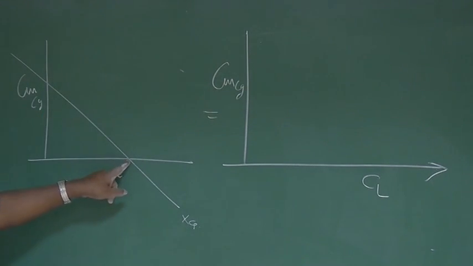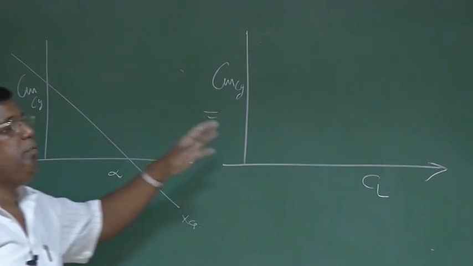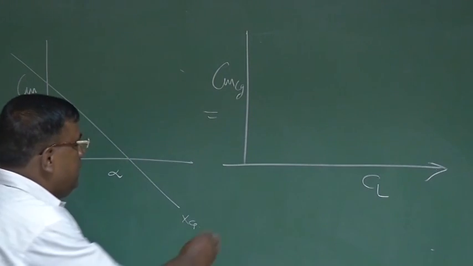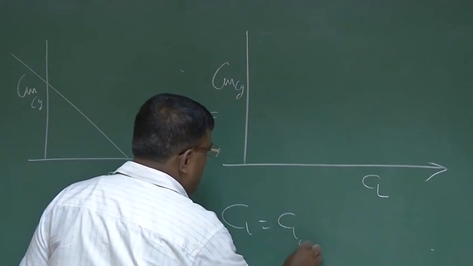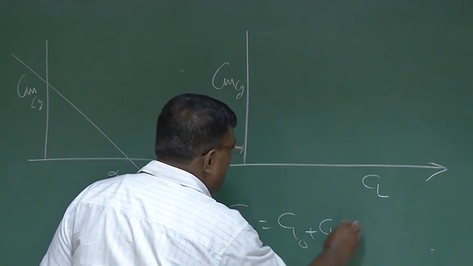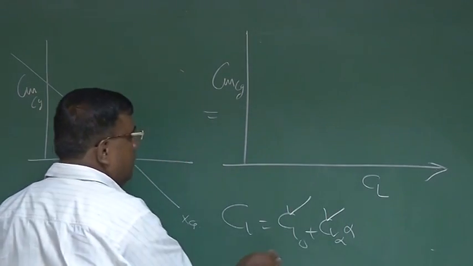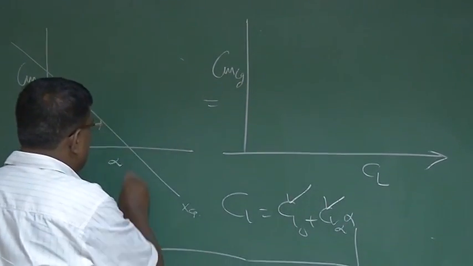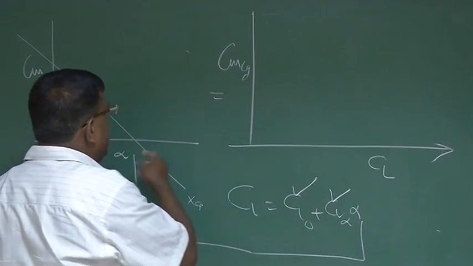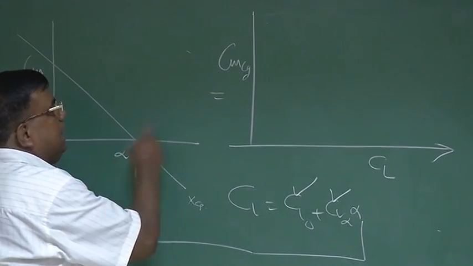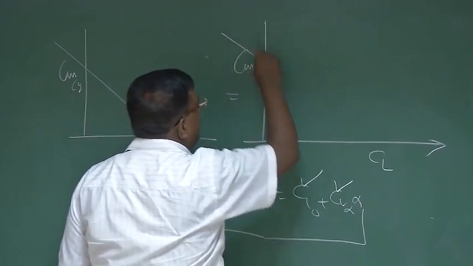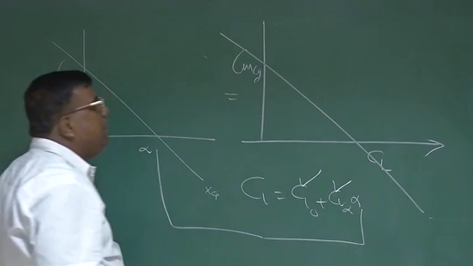Because after all, if I know alpha, I know the corresponding Cl, because Cl is nothing but Cl naught plus Cl alpha into alpha. I know Cl alpha, I know Cl naught. So once I know alpha, I know the Cl. So I can scale it up, and the variation of Cm and Cl will remain like this.